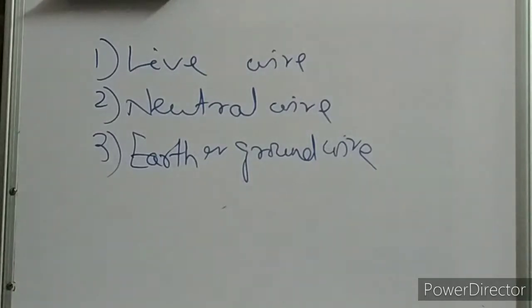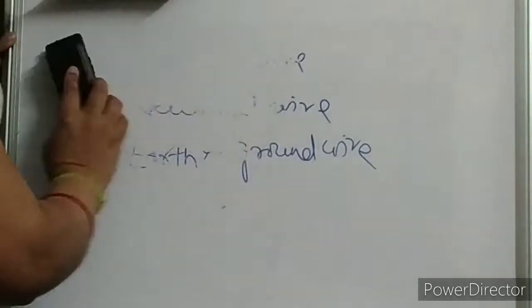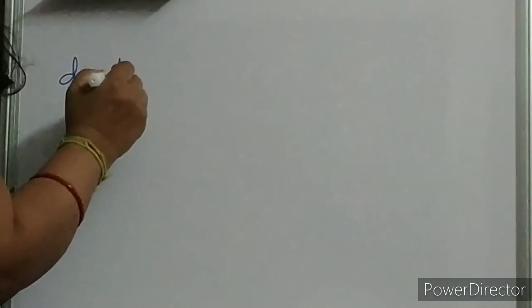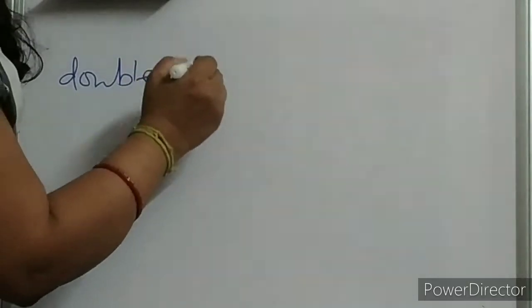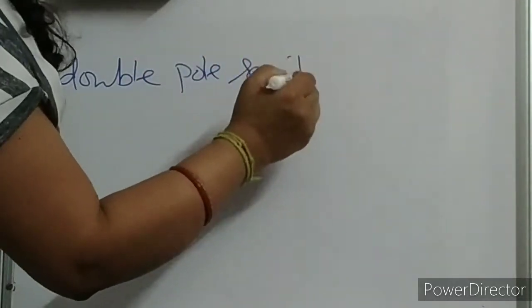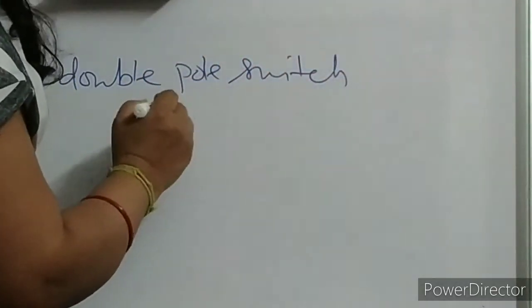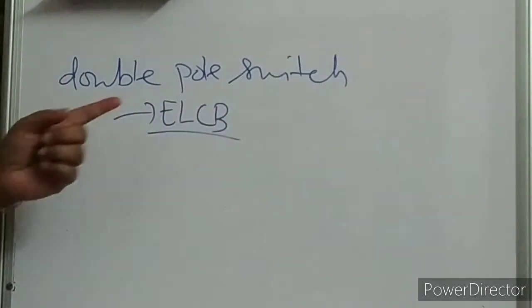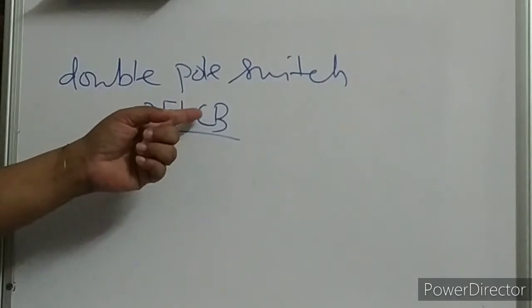And the new name for this double pole switch is ELCB, children. Nowadays it is ELCB. What is this ELCB? This is earth leakage circuit breaker.